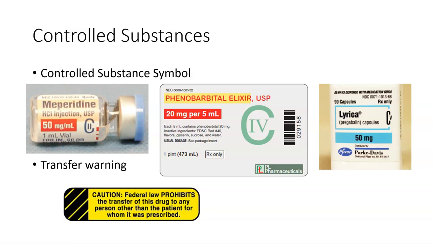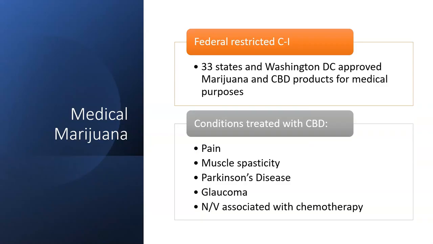Now, when we talk about controlled substances, inevitably medical marijuana comes up as a topic of conversation. It is considered to be a federally restricted C1, which means no medical use. But the federal government has kind of backed off and left it to the states to decide. So 33 states, including Louisiana and Washington, D.C., have approved marijuana and CBD products for medicinal purposes.